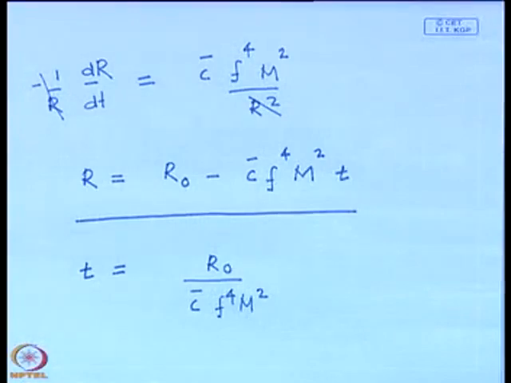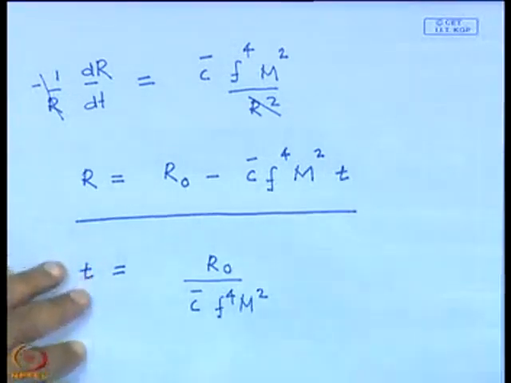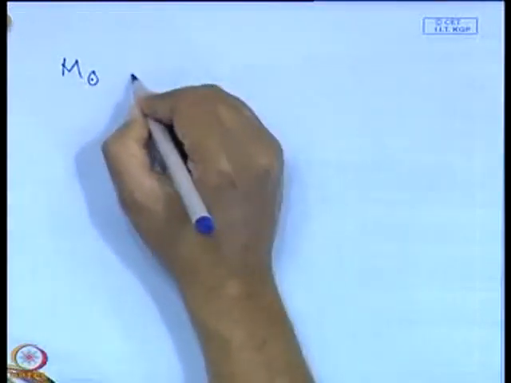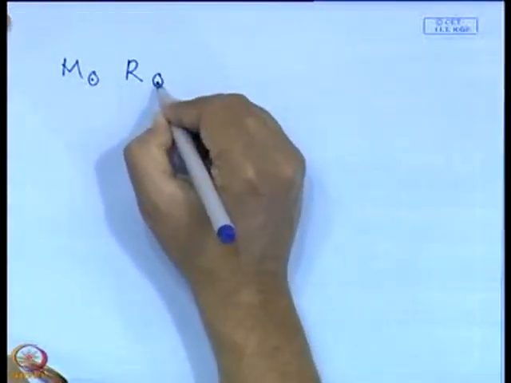So, you have to estimate, the rest of the problem is left for you. You have to estimate the time it takes an object of the mass of the sun and the radius of the sun to collapse.